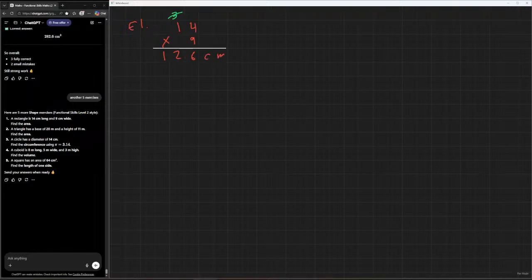Centimeter squared. Remember, area is square. So let's go ahead and type that: 126 centimeter square.